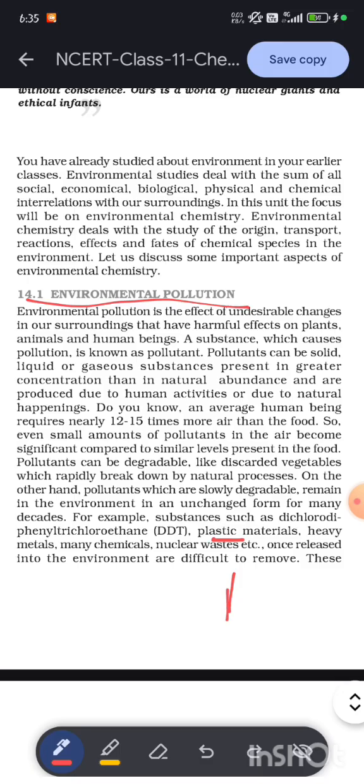For example, substances such as dichlorodiphenyltrichloroethane (DDT), plastic materials, heavy metals, many chemicals, nuclear waste, etc., once released into the environment are difficult to remove.